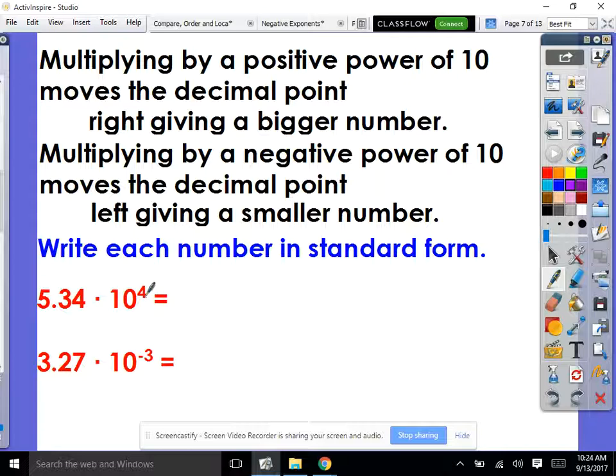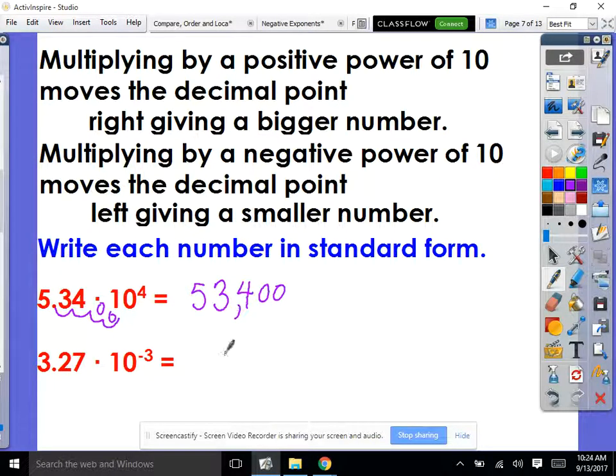So since this is a positive 4, we're going to move that decimal place 4 places to the right. So 1, 2, 3, 4. And we fill in empty spaces with zeros. So that would give us 53,400.